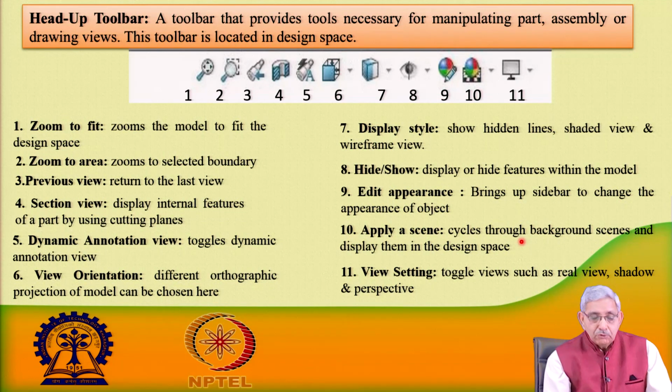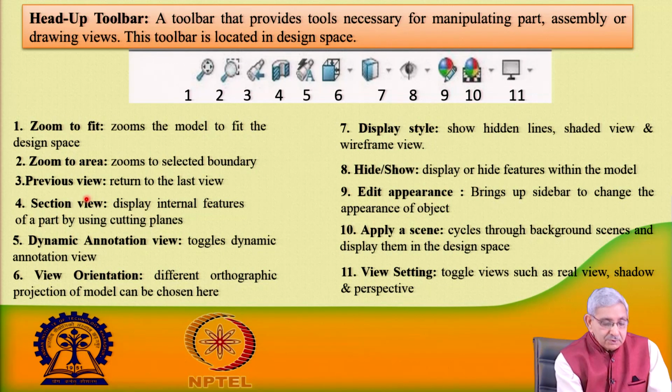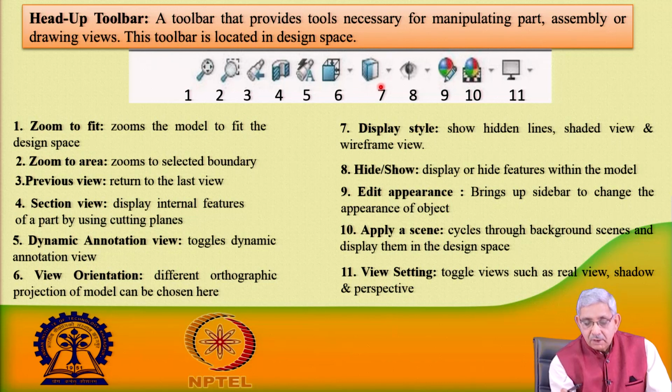Then the head up toolbar has these features. We can zoom to fit, we can zoom the area, we can go to the previous view, and we can have the sectional view, which shows how the product will look when we cut it. There is dynamic annotation, view orientation, and display style, which is how we want to display the product.